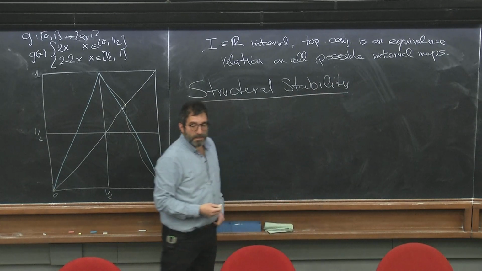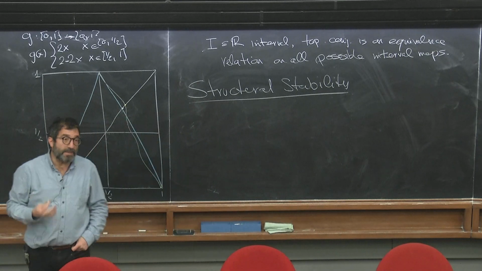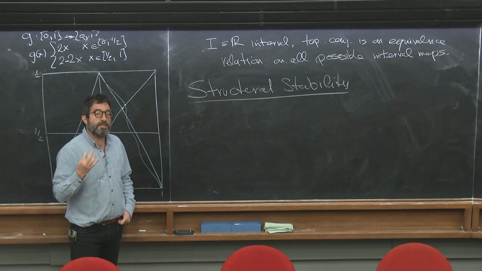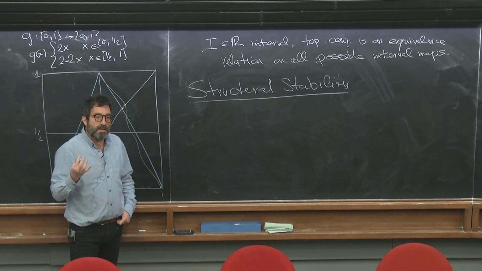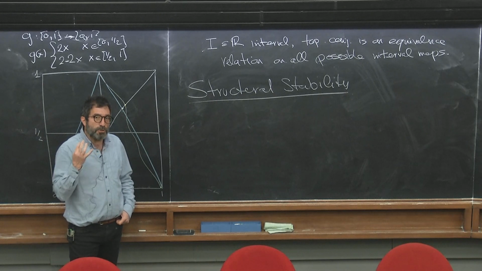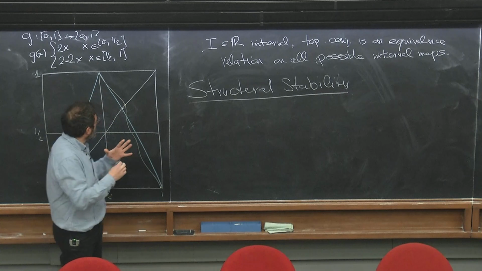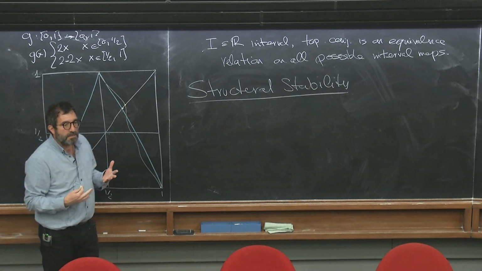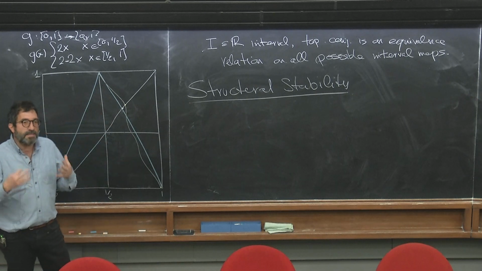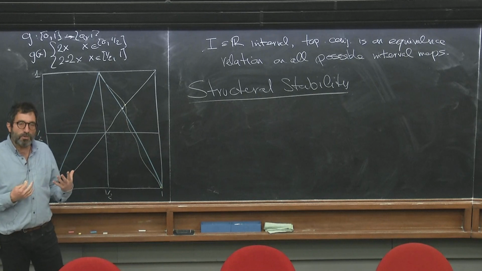Informally, we say that a map is structurally stable if, under any small perturbation, if I just change it a little bit, the new map is still topologically conjugate to the old one.